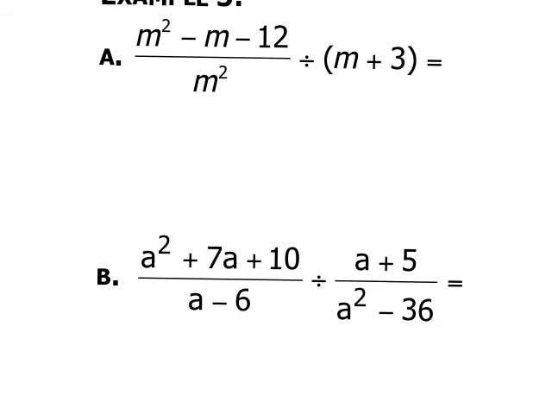Okay, so let's do this. 2/5 divided by 1/10. Okay, so flip and multiply, or multiply by the reciprocal, however you want to say it.